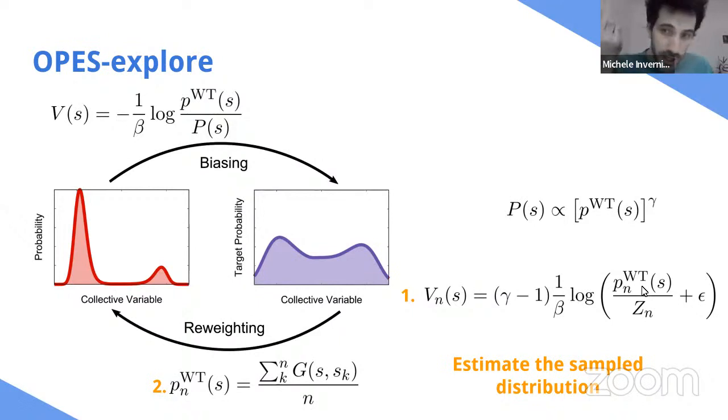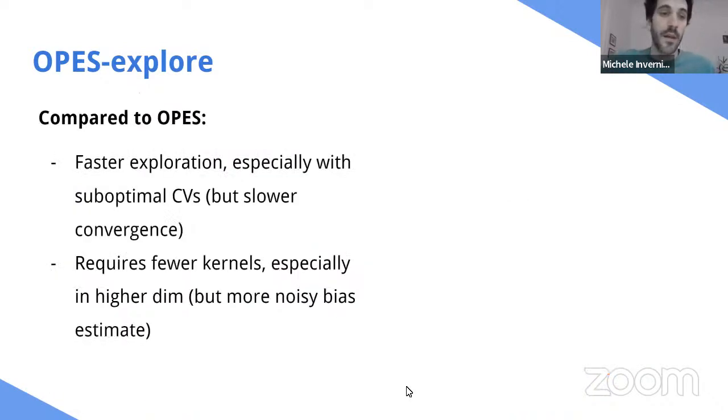With this simple change, you obtain a very different behavior, because now you base your bias on what you're sampling, and so basically the method will tend to sample the target distribution rather than tend to converge the probability distribution to the unbiased probability distribution, to a static one.